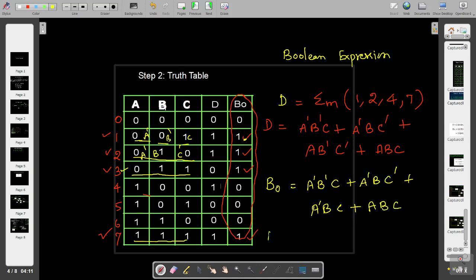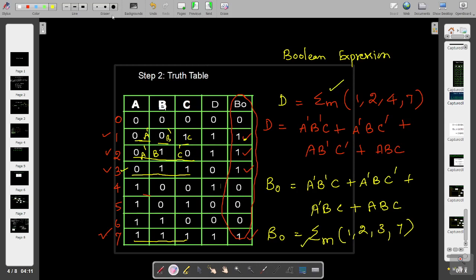Corresponding to this B naught, actually we know that in terms of min terms, it is 1, 2, 3, 7. This is how we can write this expression in SOP form. But this SOP form will be useful when you go for simplifying this Boolean expression using K-map.